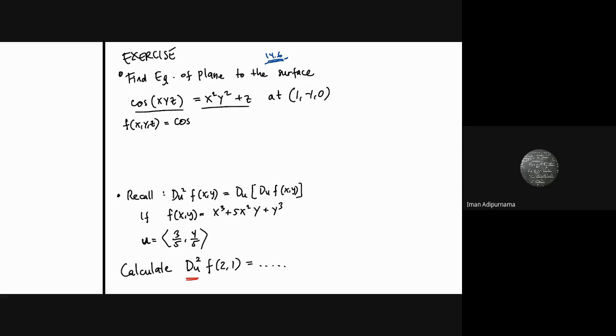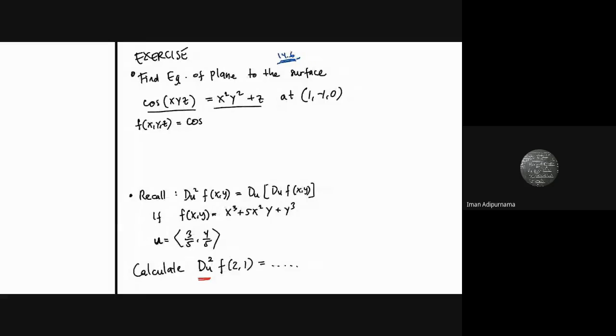So let's say we have a function f, and this is the function. First, let's take the gradient vector.